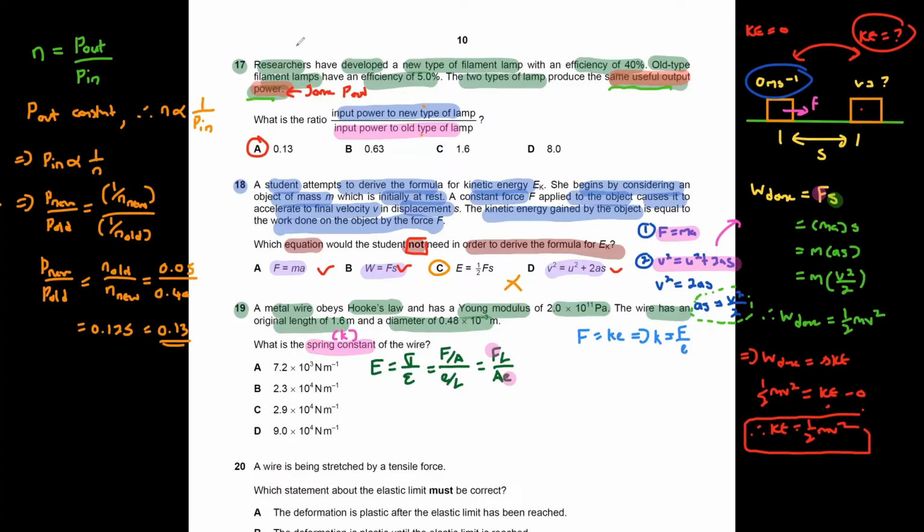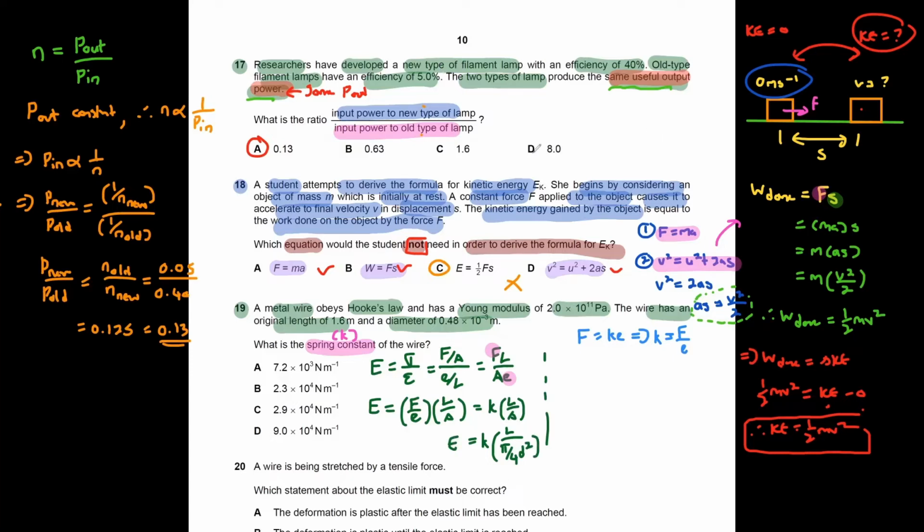So if you rearrange this, you will get F over E equals Y times A over L, which would in turn be equal to K. So K equals YA over L. Okay, so this is what you have. You would be able to find K now from this particular equation. Not to forget, your area is actually pi over 4 d squared. So this is the final form of your equation.